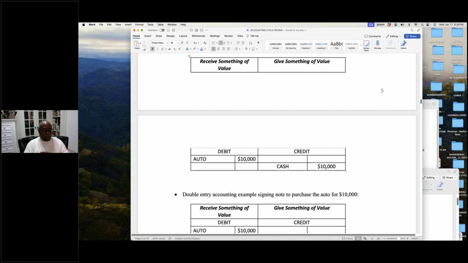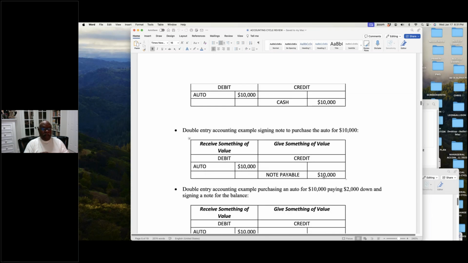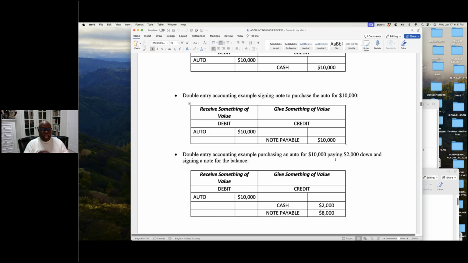If we borrowed to buy the auto, we debit auto and we credit notes payable. We got the auto, we gave up a note. And finally, if we gave a combination of cash and a note, we paid cash down, had a note, we debit auto, we credit cash, and we credit notes payable.